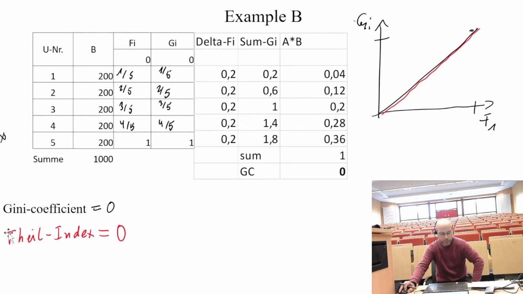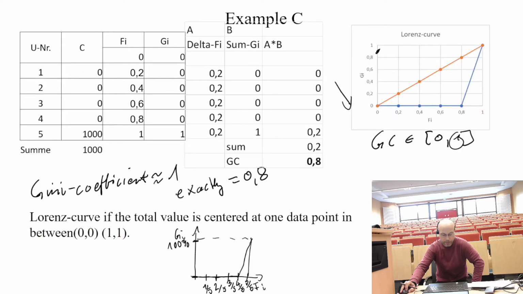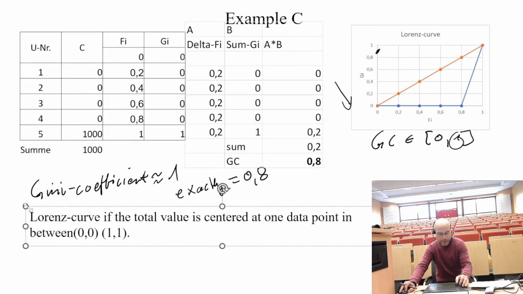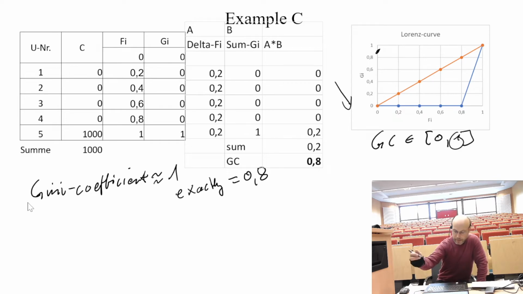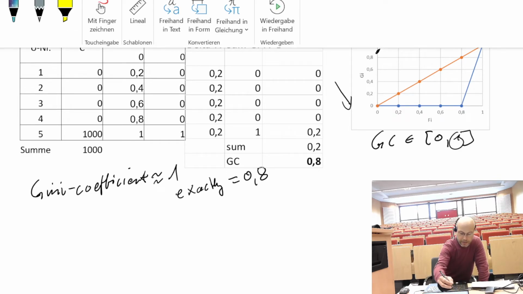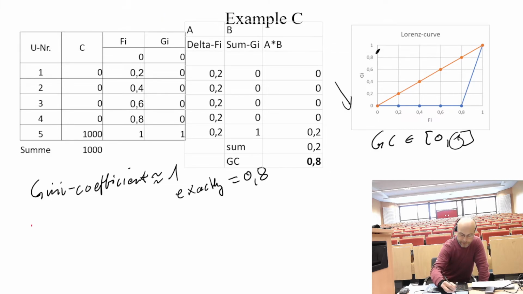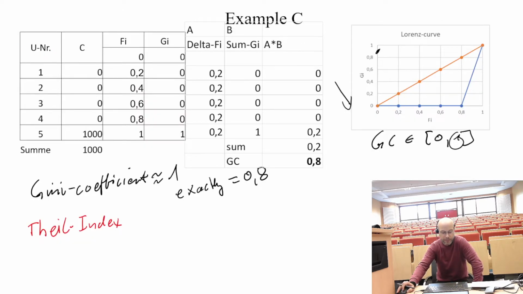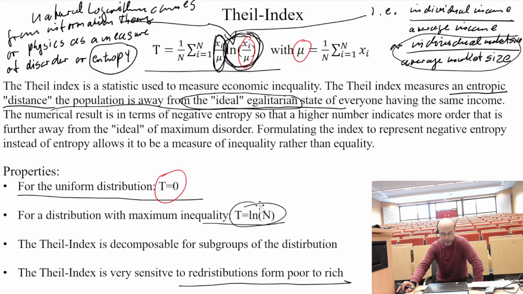So then we had here the uniform distribution, of course, is just 0, and the Gini coefficient was here in the neighborhood of 1, and the Theil index, there we have learned that this is not in the neighborhood of 1, but if we have a really unequal distribution, then it should be ln of n.